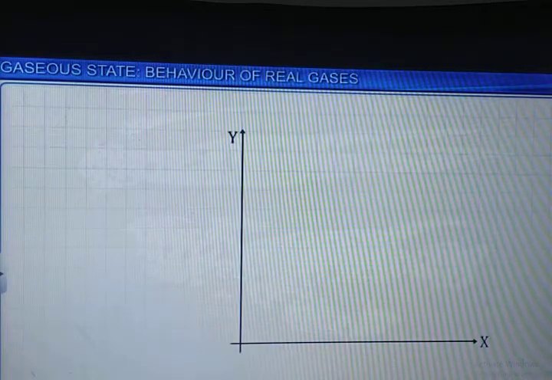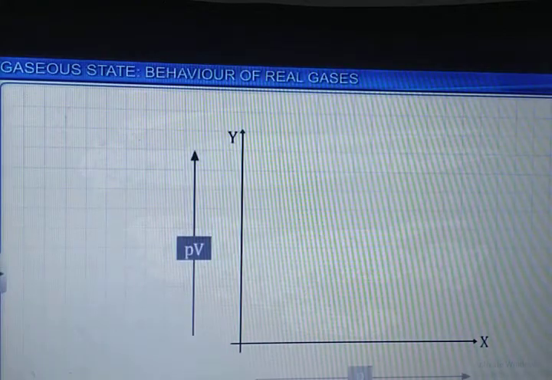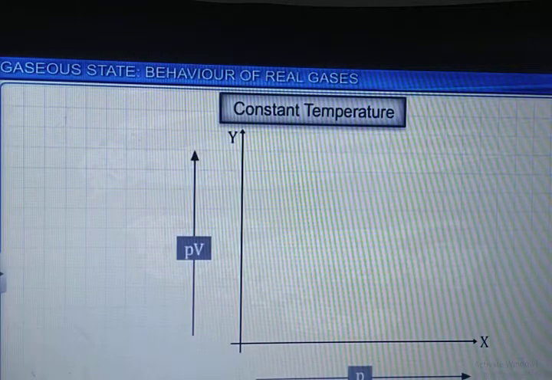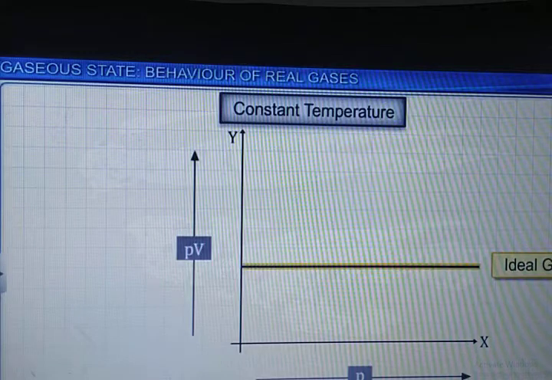If we plot a graph of PV versus pressure at constant temperature, then, according to Boyle's law, we should get a straight line parallel to the x-axis, as PV is constant at constant temperature for a fixed amount of gas.